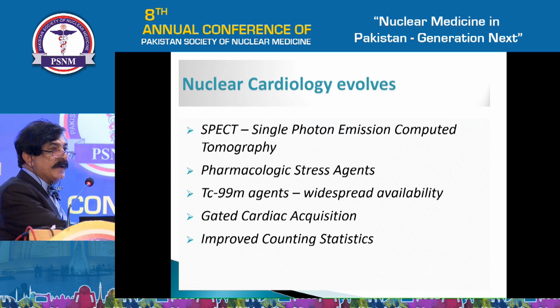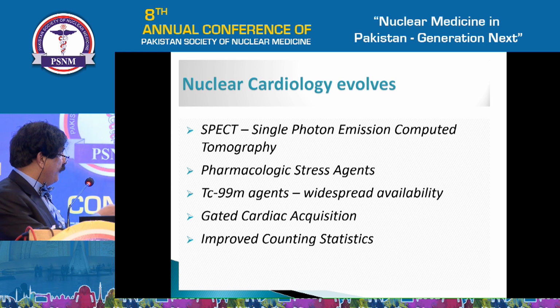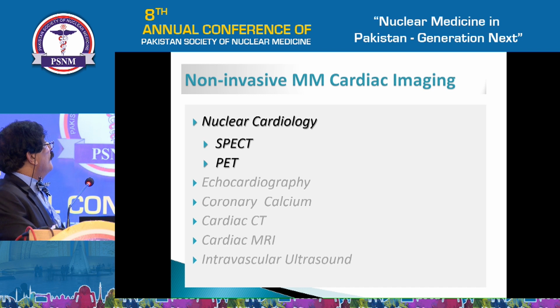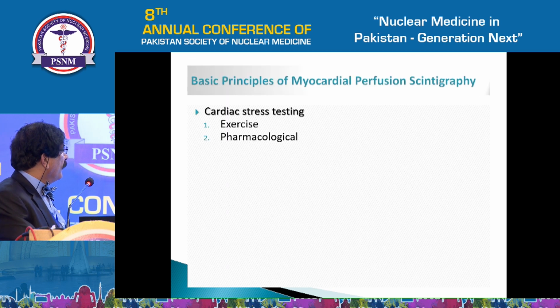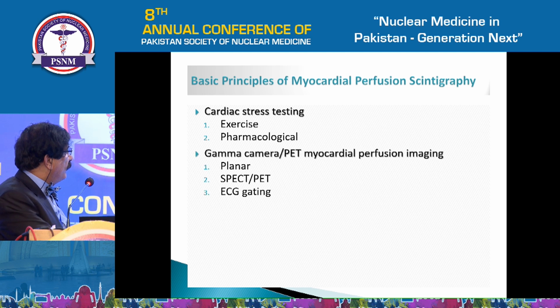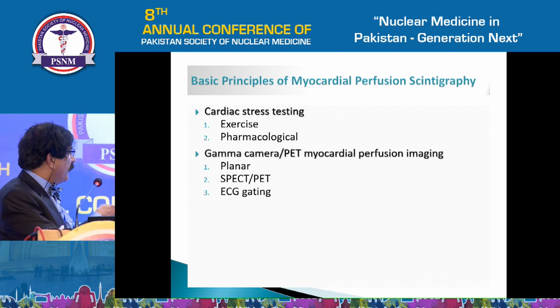So over the years, nuclear cardiology evolved with the advent of single photon emission computed tomography. We had pharmacological stress agents, and then the technetium agents came in, and we started having gated acquisition and improved counting statistics, etc. So currently, non-invasive cardiac imaging is SPECT and PET, gamma cameras and PET cameras, and they allow myocardial perfusion imaging and cardiac stress testing, exercise or pharmacological.